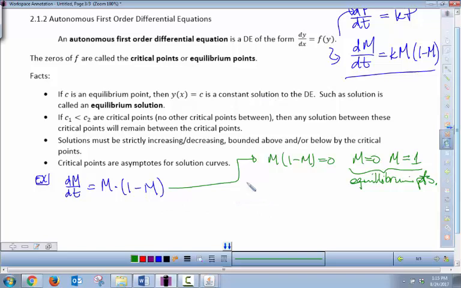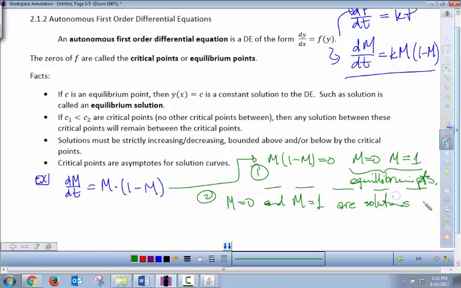So what they're saying here in fact number 2, they say that m is equal to 0 and m is equal to 1 are solutions to your differential equation.